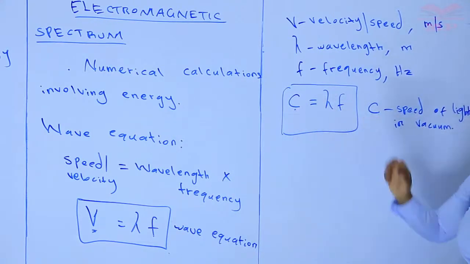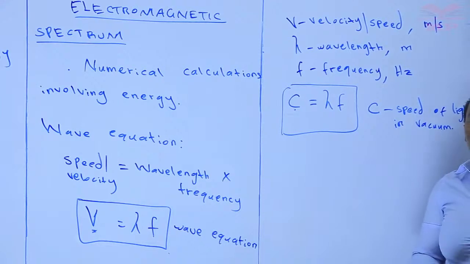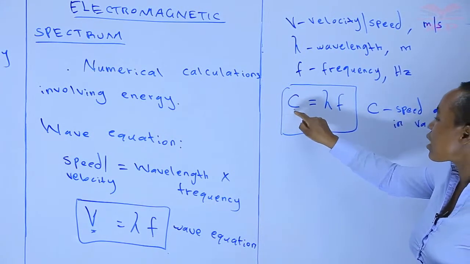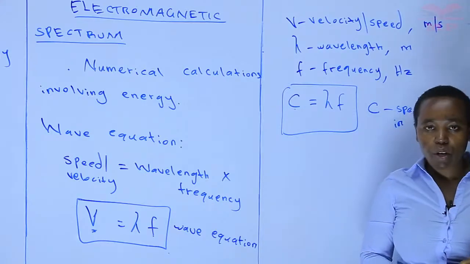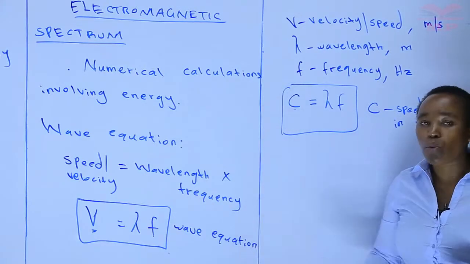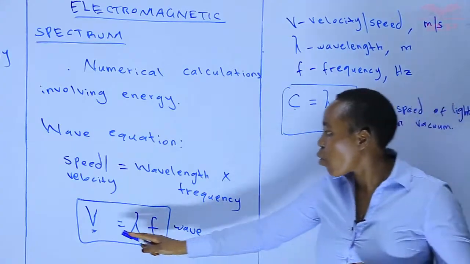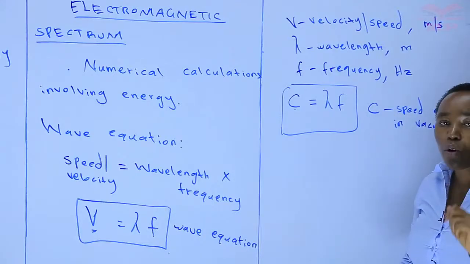This is the same wave equation, but in this case we are using C to represent the speed of light in vacuum. In these calculations, we'll be taking the value of the speed or velocity to be the speed of light.